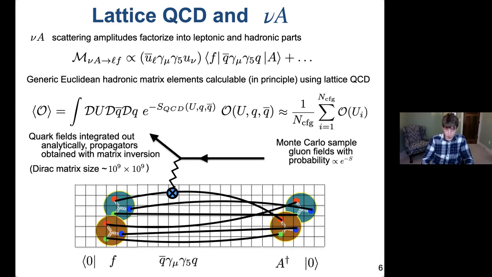And generic matrix elements of observables can be calculated by first integrating out the quarks analytically. So you just need propagators that you have to invert very, very large matrices for. And then the gluon fields are Monte Carlo sampled with some probability proportional to e to the minus action, which allows us to access Euclidean correlation functions.